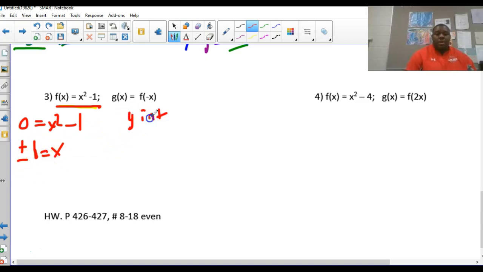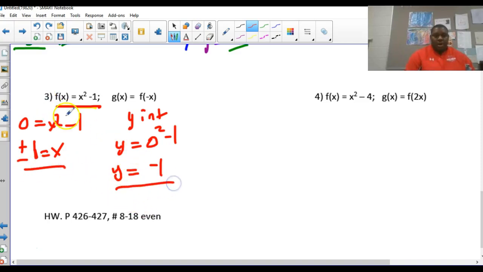For the y-intercept, remember you make x 0. So y equals 0 squared minus 1. 0 squared is 0. 0 minus 1 is negative 1. There's our y-intercept. So that's the x-intercept for f of x and the y-intercept for f of x.